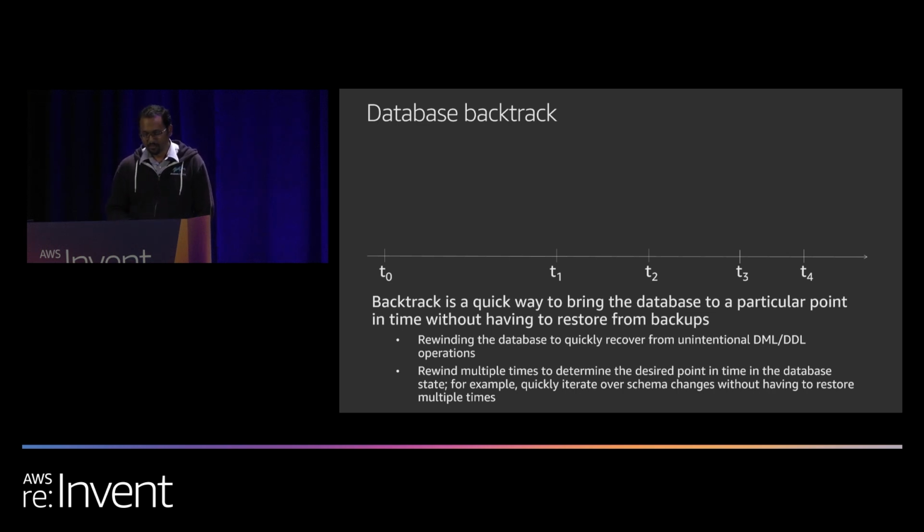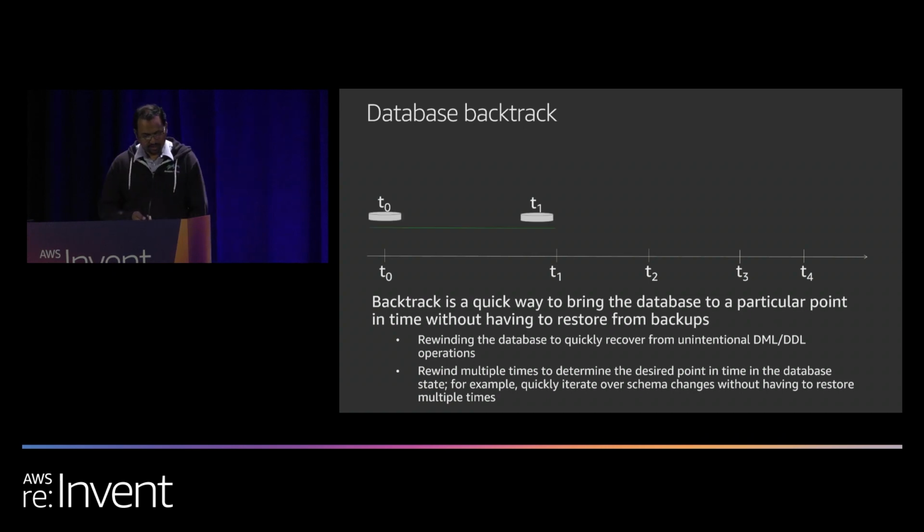The previous approach people would typically use is point-in-time recovery. In this case, with backtrack, you can rewind the database. And you can do it multiple times. And every time you rewind, that database is also writable. So you can continue writing.